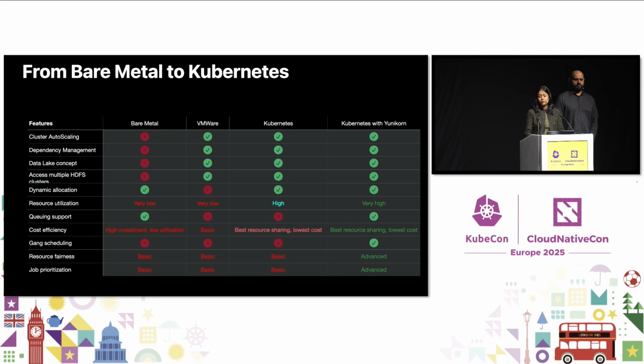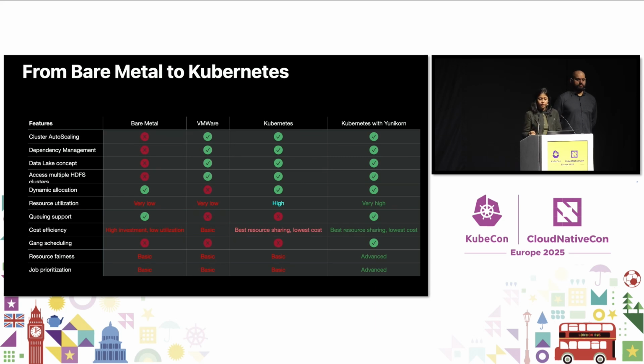So looking at specific features across our journey, we see that we didn't have the cluster auto-scaling, dependency management, some of all the data lake concepts when we started with bare metal. We improved on that when we moved to a VMware solution, but at that time we lost the dynamic allocation, which didn't help in improving our resource efficiency.